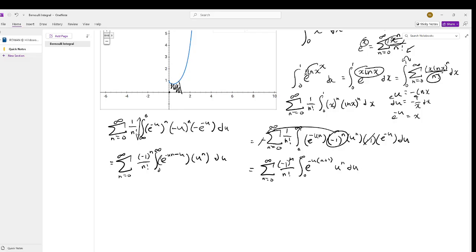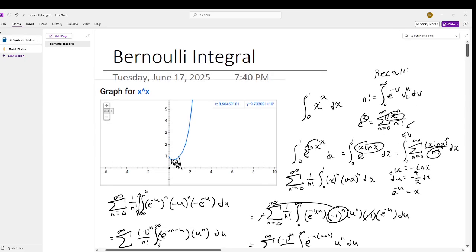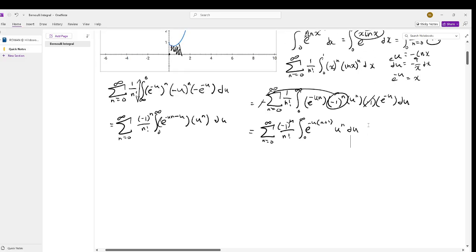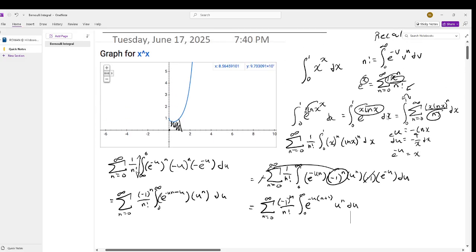Now this is starting to look more and more like this gamma function up here. It's basically the gamma function. All that's missing is that v right there.